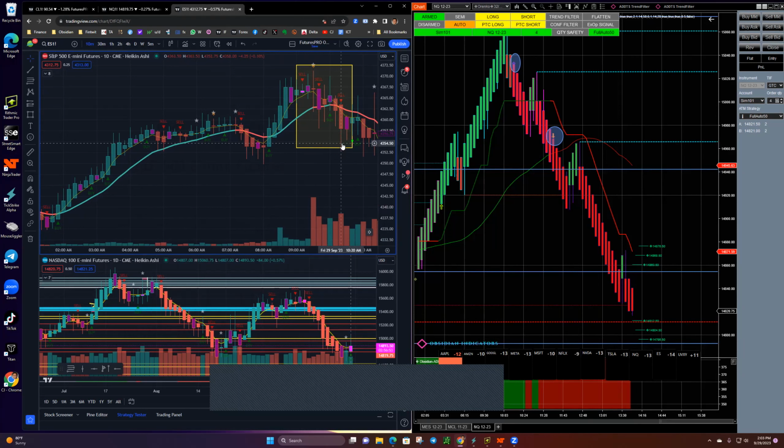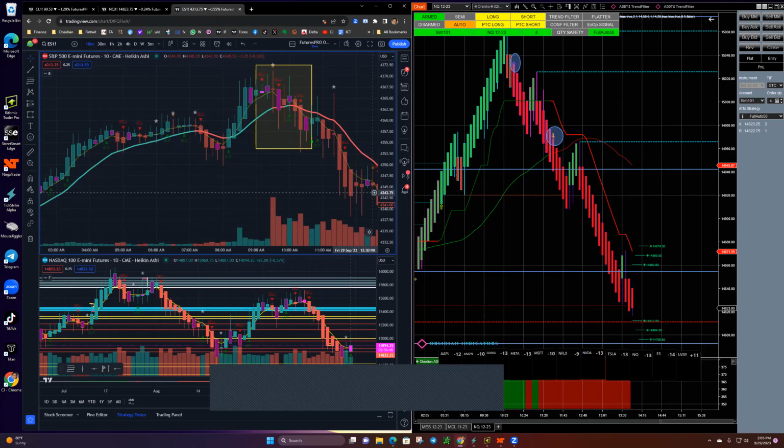Okay, this is if you were to do manual trading. However, the bot, even though it took this candle all the way up here, would not have kicked you out. The bot would have kept you in there.